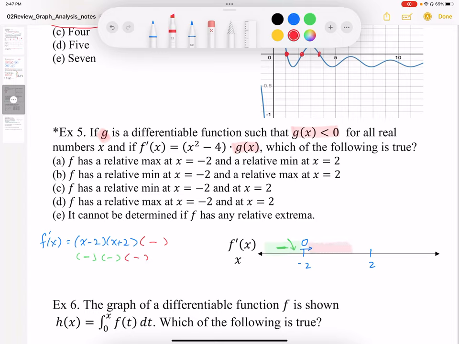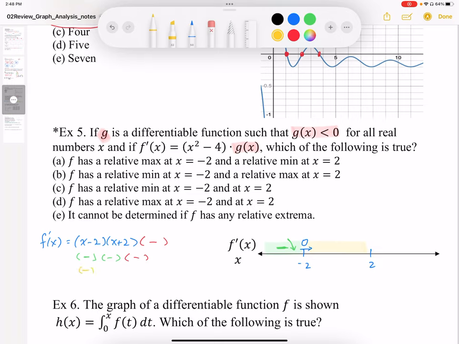Looking at this region in here, I'm going to choose a different color. We can just choose some number and test the slopes. If it's bigger than negative 2, we know that the first factor is going to be positive. Since it's less than positive 2, it's still going to be some number like 1 minus 2, so that's going to be a negative factor.